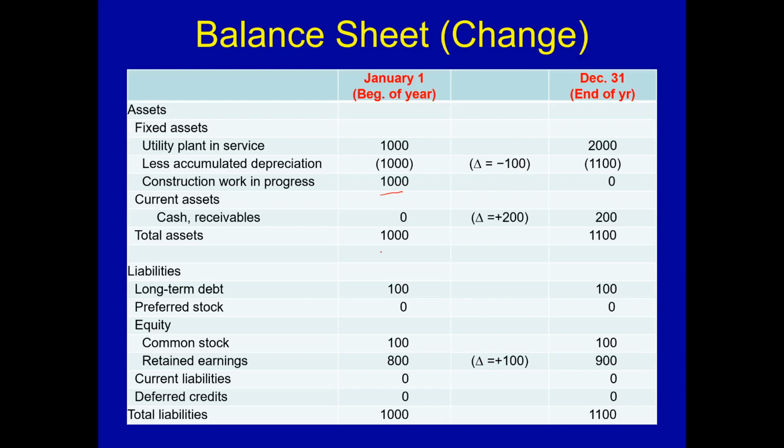The total assets are now 1000, because 1000 minus 1000 is 0, then again 1000. Long-term debt, let's say, is 100, the common stock is also 100, and the retained earnings coming from the previous year is 800. Then current liability is 0, deferred credit is 0, and the total liabilities are 1000.